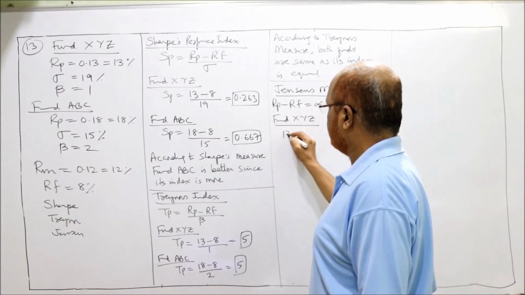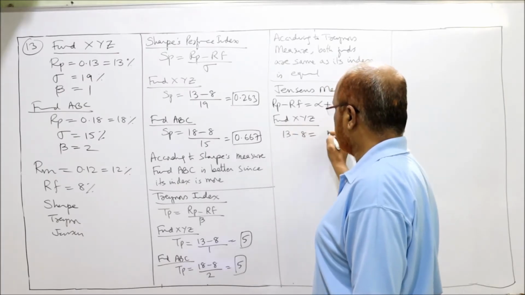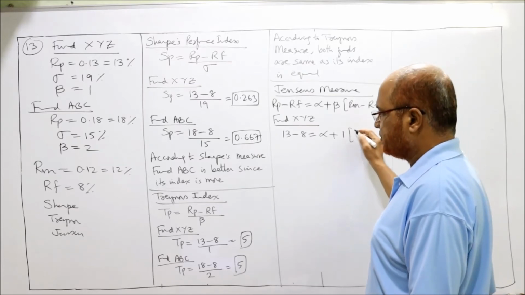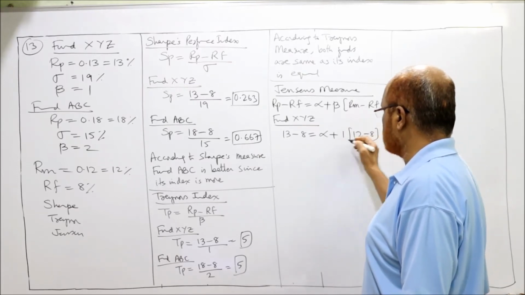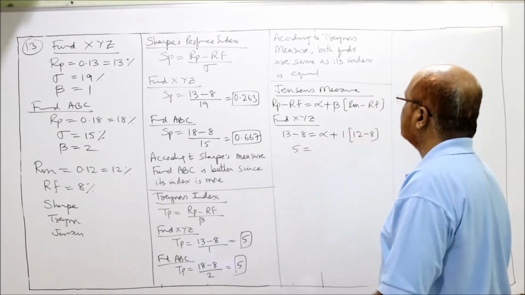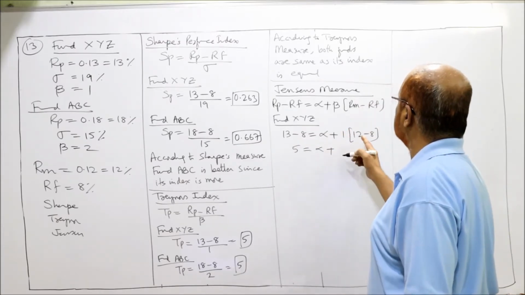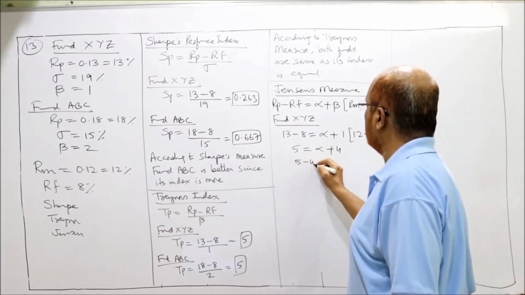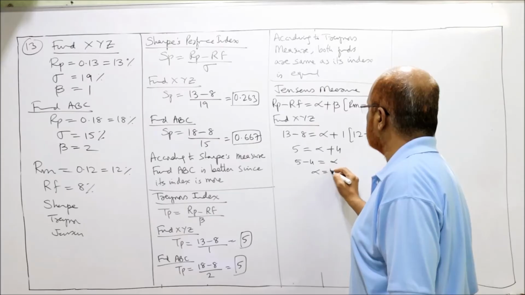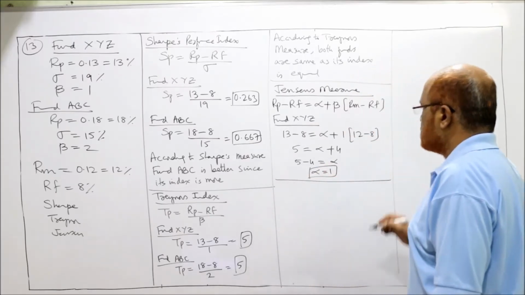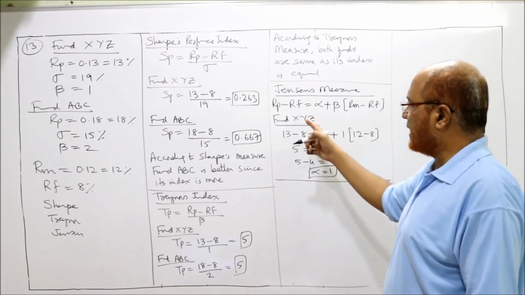RP is 13, RF is 8, beta is 1, RM is 12 minus 8. So 13 minus 8, 5, is equal to alpha plus 12 minus 8, which is 4, 4 ones are 4. 5 minus 4, alpha is equal to 1. So we got alpha equal to 1 for fund XYZ.